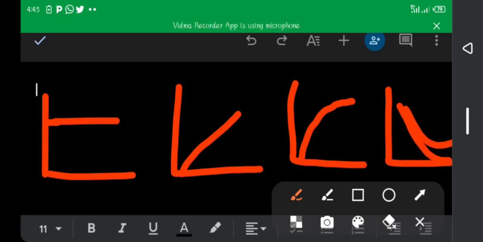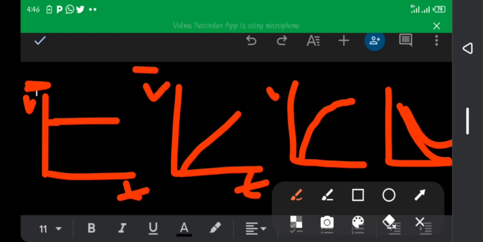So also something like this. You know what you have on this side already. That'll be V with a dash on top.